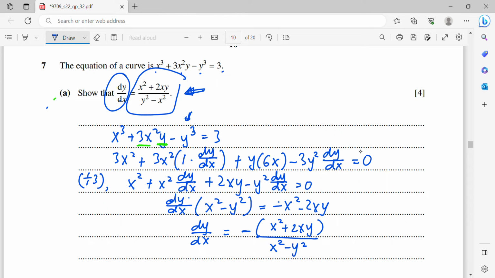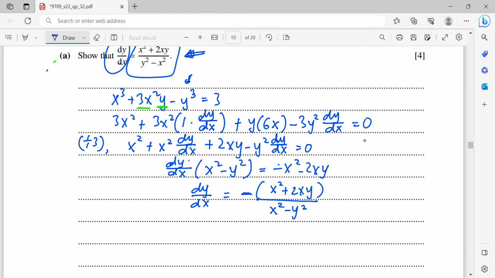So this negative will be moved to the denominator. You multiply it with the minus y squared first, so it becomes positive y squared. Then the minus multiplied by x squared becomes minus x squared. So this is our solution for A.